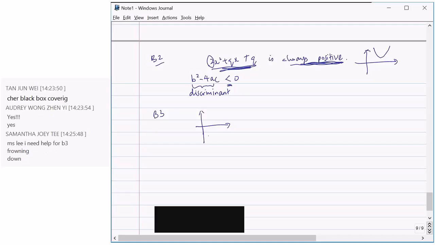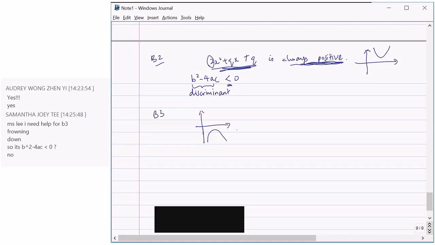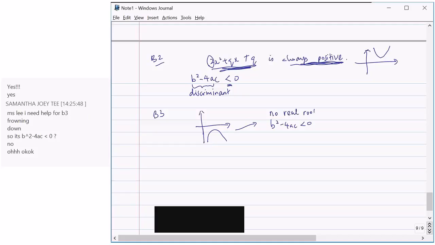Down below, and so it must look like this, right? And if it must always look like this, does it have real roots? So the b squared minus 4ac must be less than 0, exactly. Because no real roots.